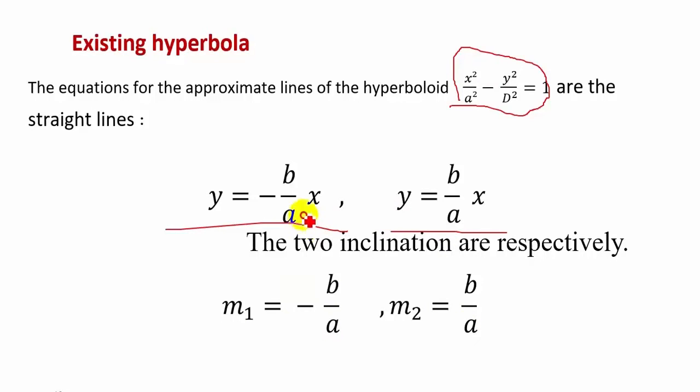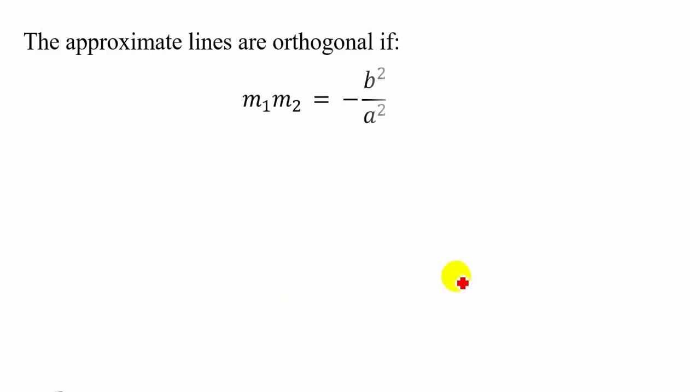That means you look at this, that one will be the first slope, and that one will be the second slope for those two lines. The asymptote lines multiplied by each other should be, because perpendicular, -1.